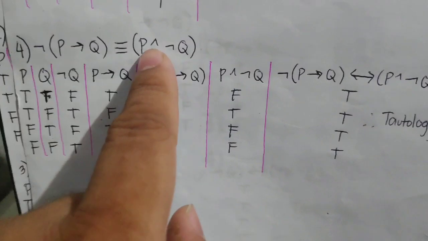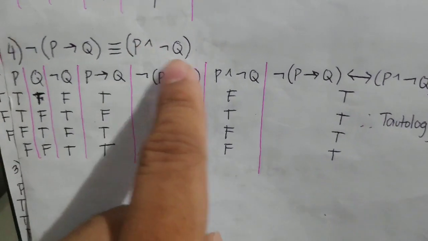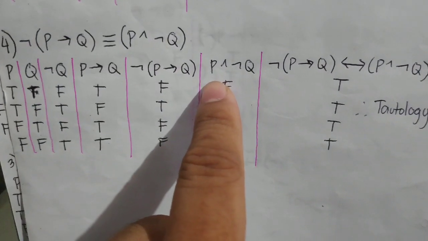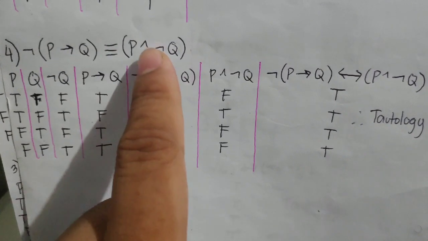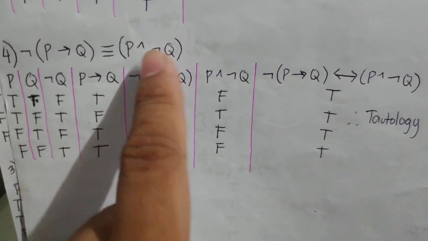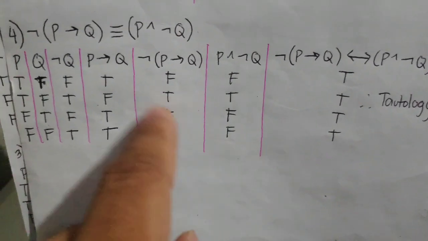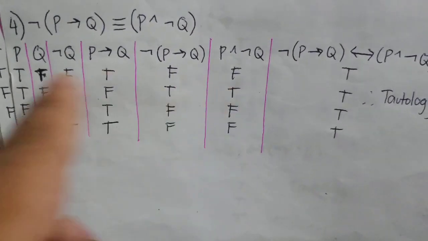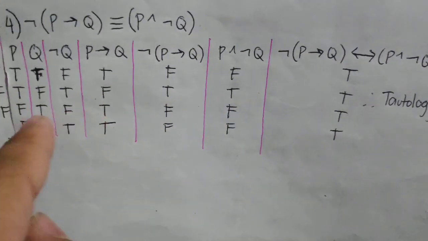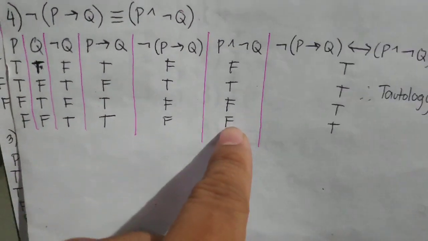Then for the right side of the logical equivalence, you will get P and the negation of Q. The conjunction of two primitive propositions will only be true if both of them are true. So you have P and the negation of Q: true, false, therefore false; true, true, therefore true; false, false, therefore false; false, true, therefore false.